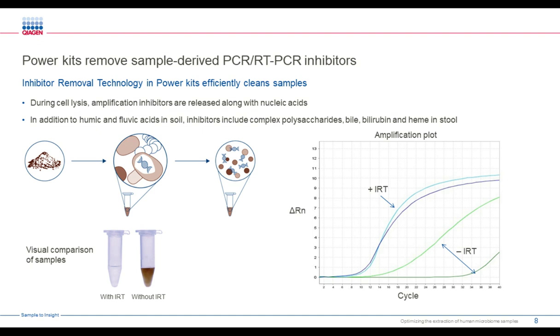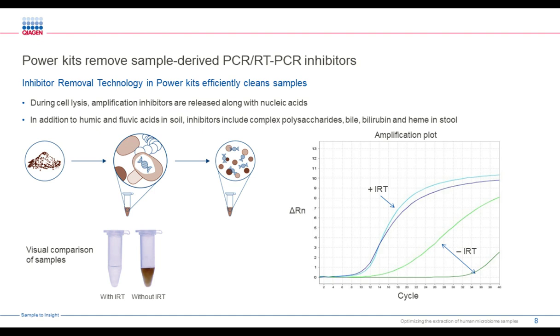So as I mentioned, the inhibitor removal is a critical point, and that is shown here, the mechanism that we do it. So all of the QIAGEN kits which have Power in their name somewhere, so the PowerSoil, the PowerFecal, the PowerMicrobiome, any of those kits include IRT.